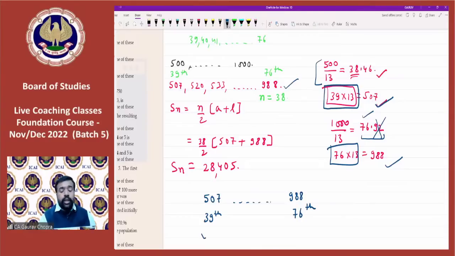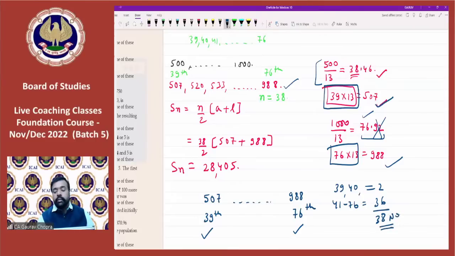We have to include 39 as well as 76. So we have counted like 39, 40, then from 41 till 76. These are the two numbers. And from 41 till 76, 36. So in total, there are 38 numbers which are divisible by 13 between 500 and 1000.